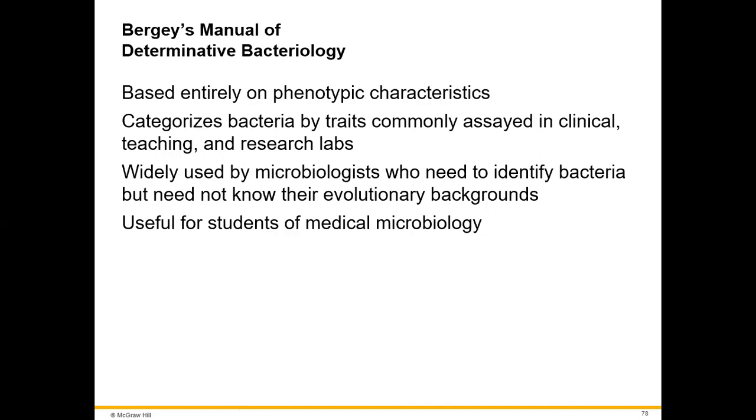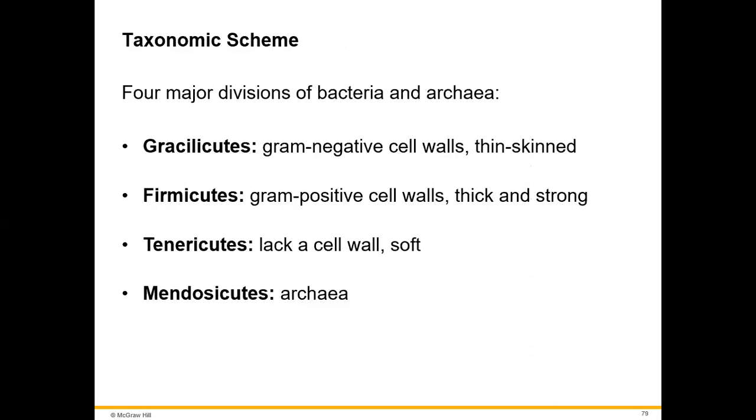So these are things that would be assayed in a clinical, teaching, or research lab. It is still widely used by microbiologists who need to identify bacteria but don't need to know their evolutionary backgrounds. It is useful for students of medical microbiology.